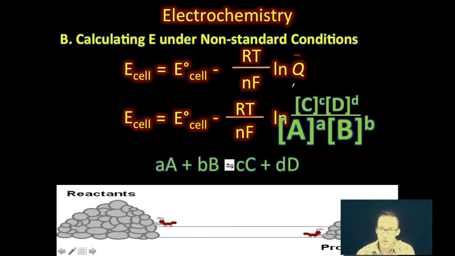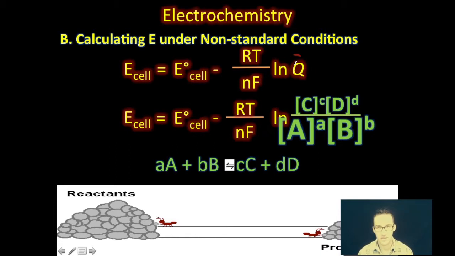When you ultimately subtract more negative numbers from your original standard cell value, your cell potential under those non-standard conditions is going to continue to get bigger and bigger. This is just some math that you have to wrap your mind around. But again, the big takeaway from the Nernst equation is that as you use up your reactants and form your products, the cell voltage is going to decrease.